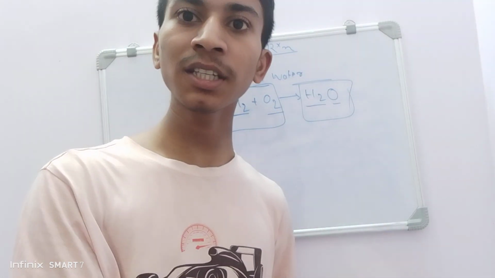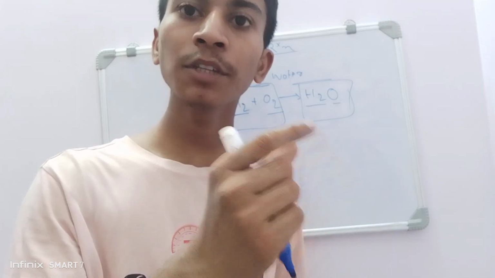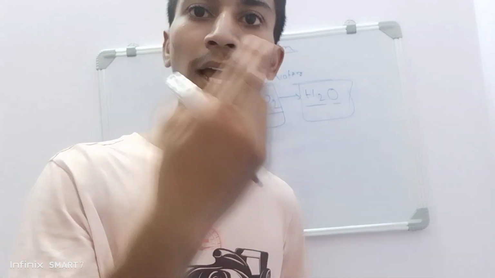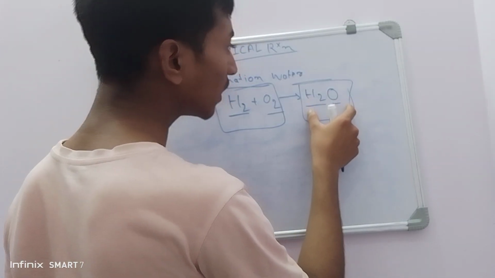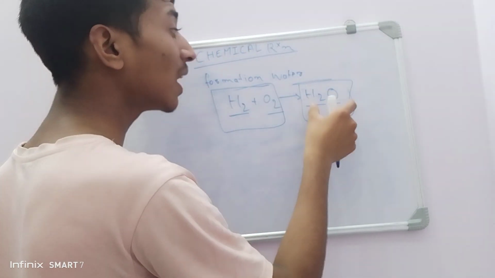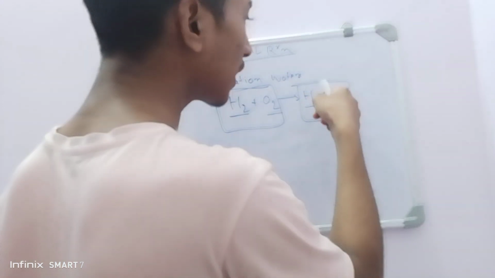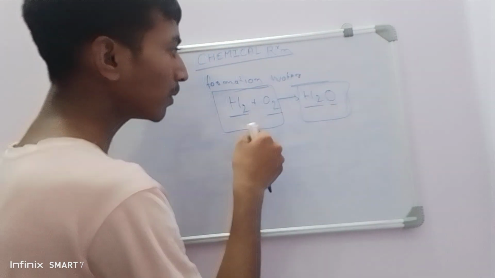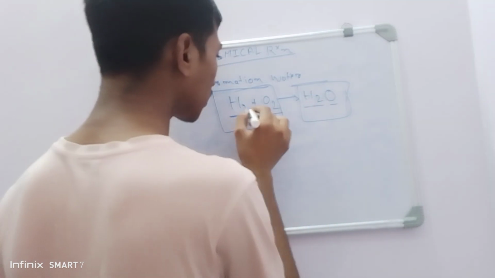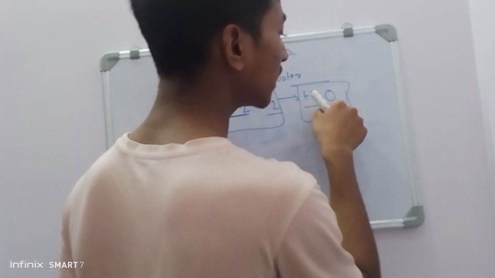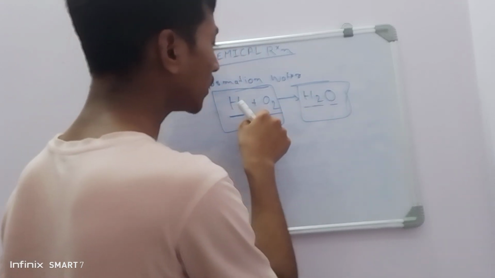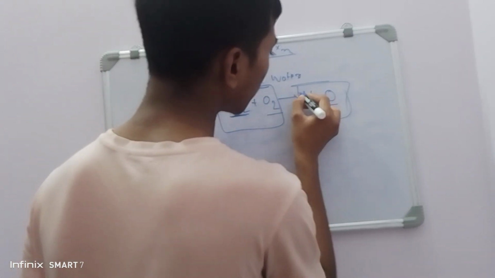You have to see in which compound the number of atoms of an element is larger. You can see that in this compound the number is larger, so you have to start balancing with it. Hydrogen is already balanced, so you have to balance the oxygen. We have 1 oxygen here and 2 there, so multiply here by 2.